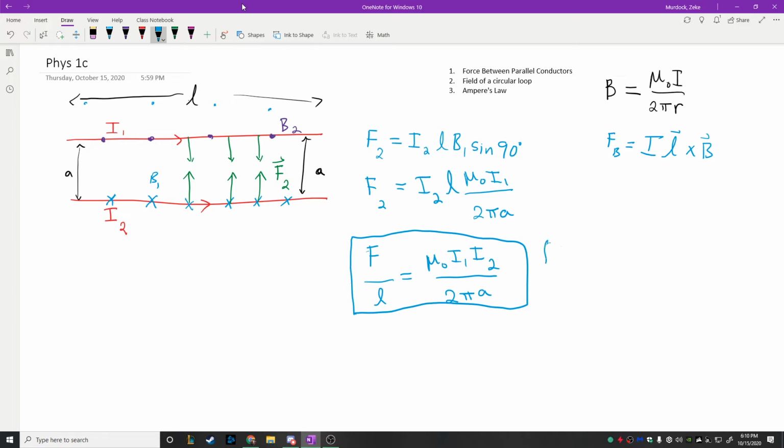And we say that the force is attractive when the wires carry current in the same direction, and it's repulsive when they're in the opposite directions.